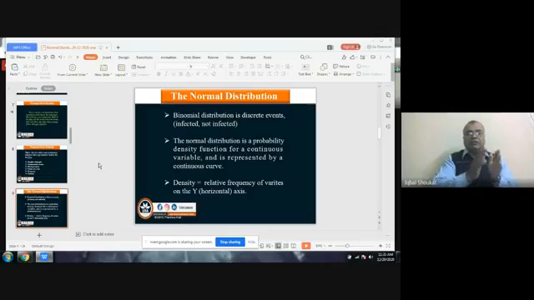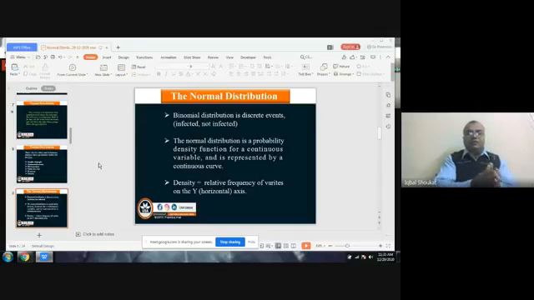Whereas the normal distribution is a probability density function for a continuous variable, for continuous events, for continuous values, represented by a continuous curve.